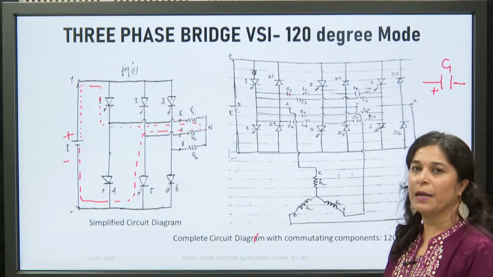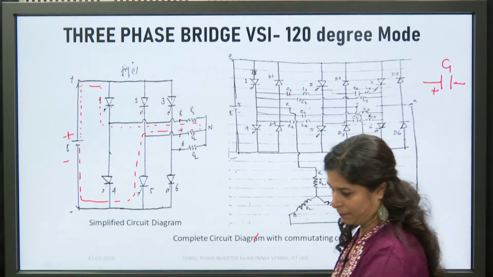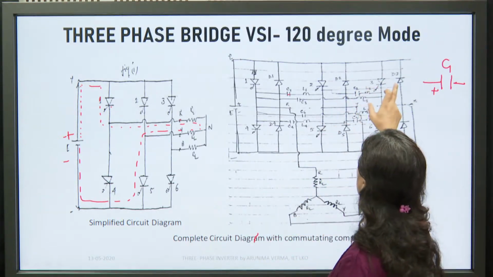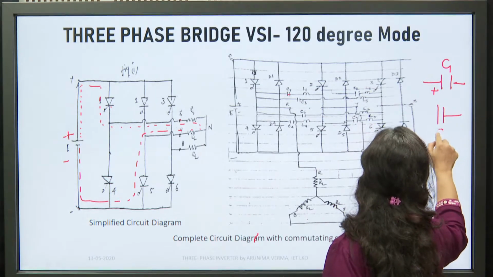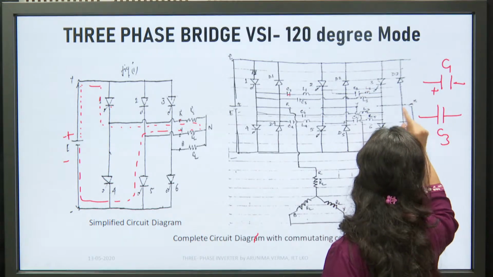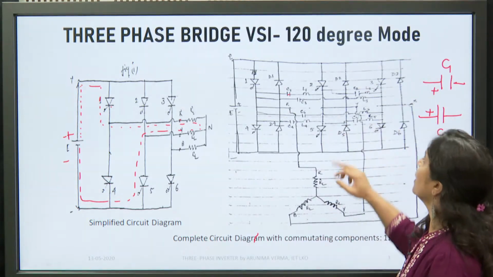Now, since SCR 3 was already conducting, because it is going to turn off, capacitor 3 is also charged with left plate positive.